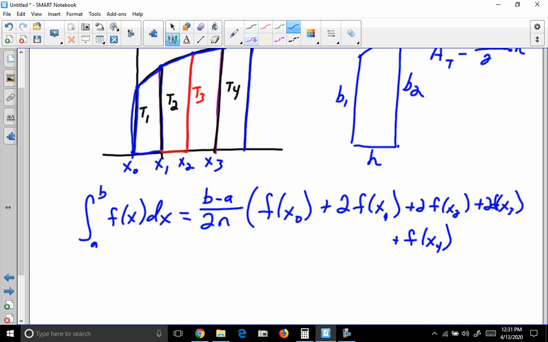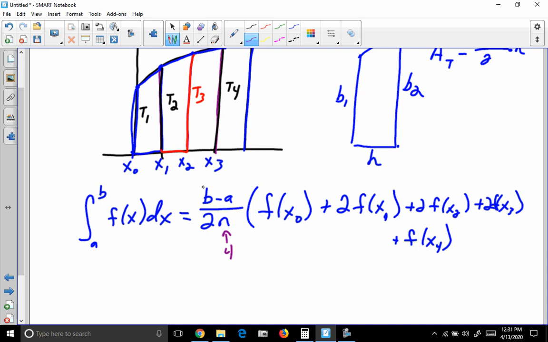And since we're doing 4 trapezoids, in this case, n would be 4. So the b minus a over 2, the 2 comes from the fact that we're doing the base and the base, and we're dividing it by 2. So that comes from adding those y values, dividing by 2.